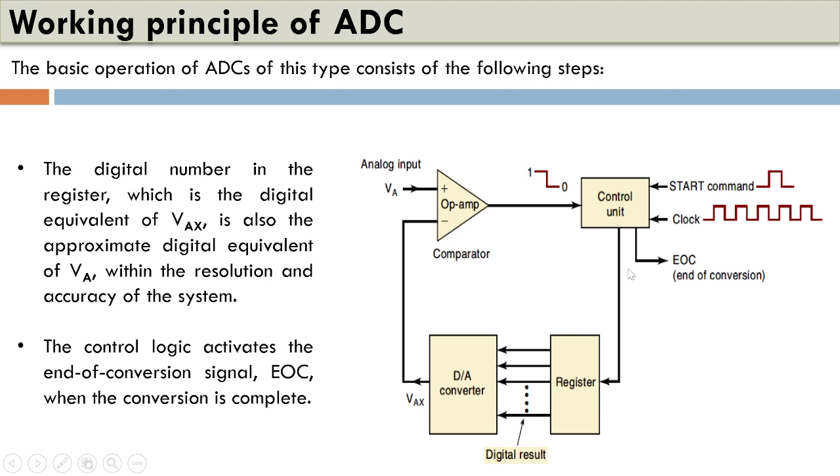Now why is the end of conversion signal very essential? See, suppose this particular converter is connected in a computing system comprising many microcontrollers or microprocessors. Those are high speed in nature compared to analog to digital converters. Analog to digital converter circuits are very slow.